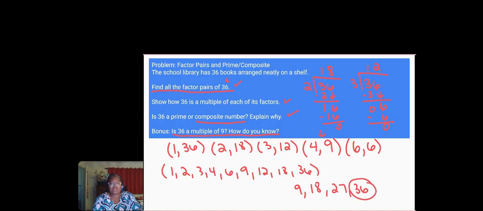There we have it. This is proof that 36 is a multiple of 9. We have shown it through working it out, and now we have all of our answers. Hopefully this made sense to you and helped you think about factor pairs and prime and composite.